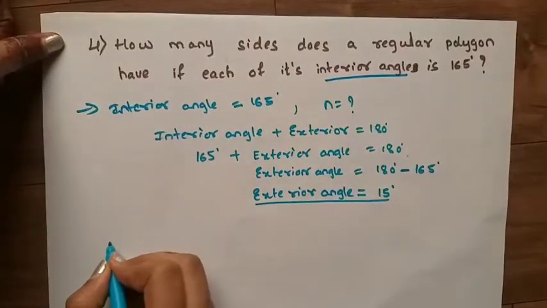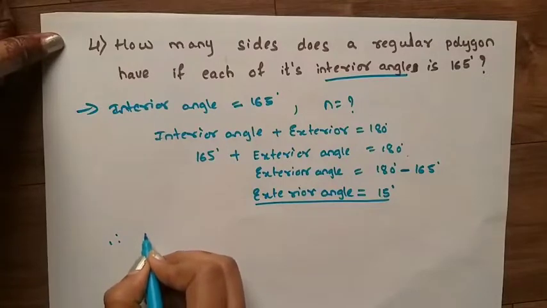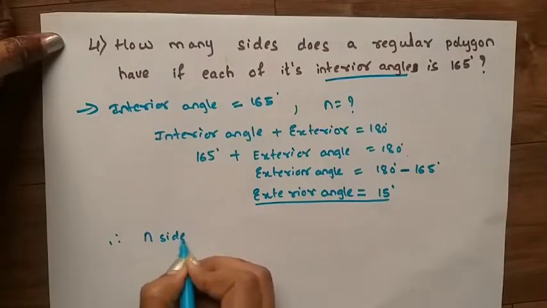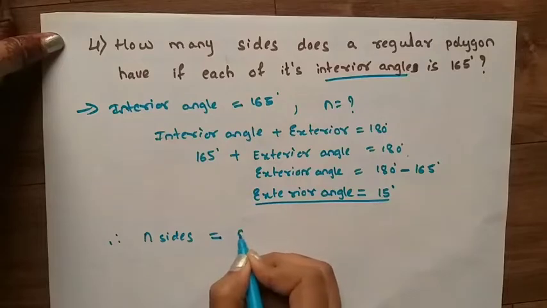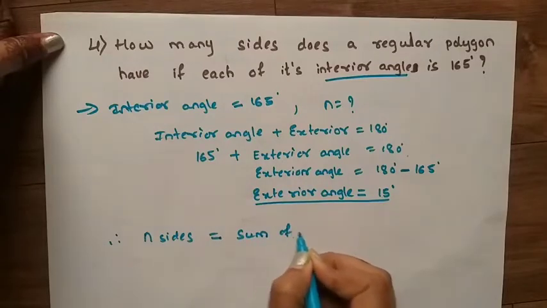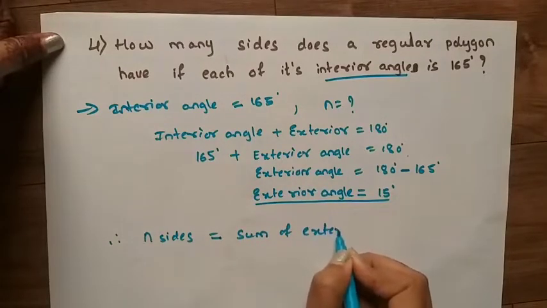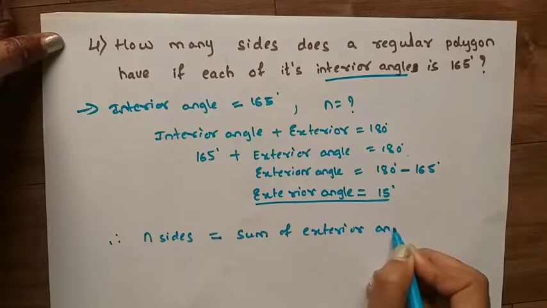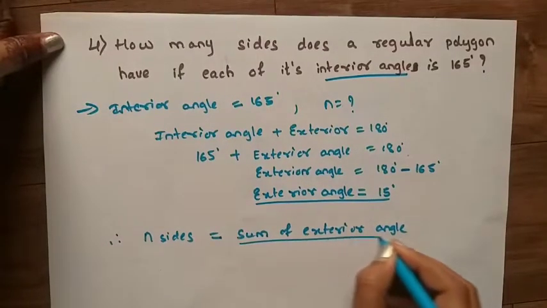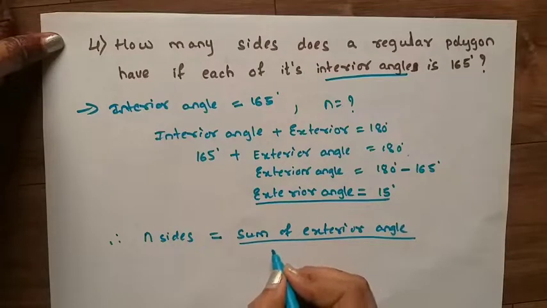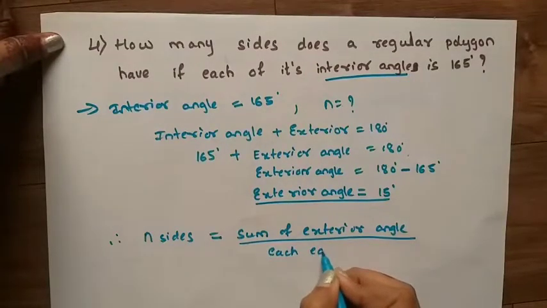The formula is: number of sides n is equal to the sum of exterior angles divided by each exterior angle.